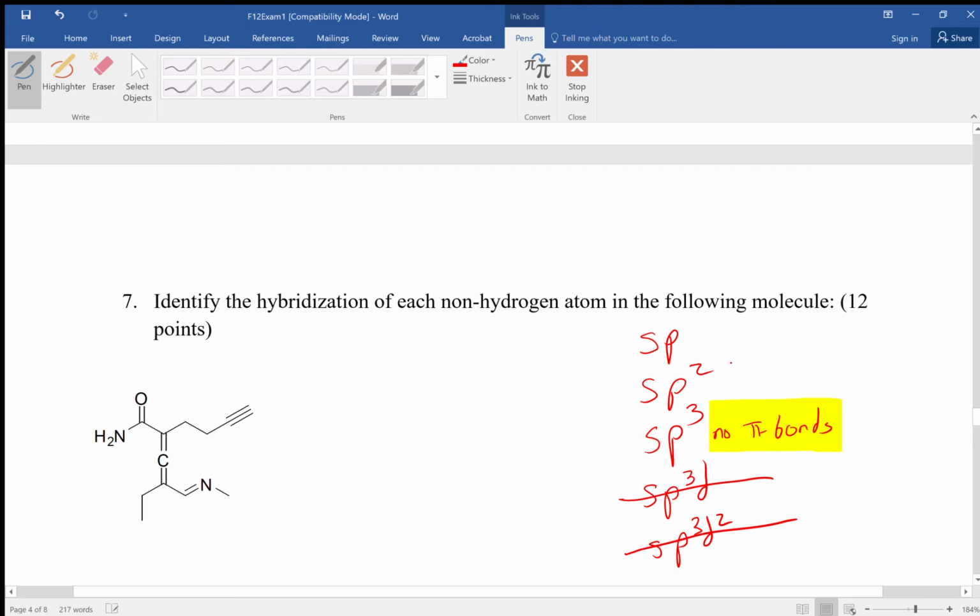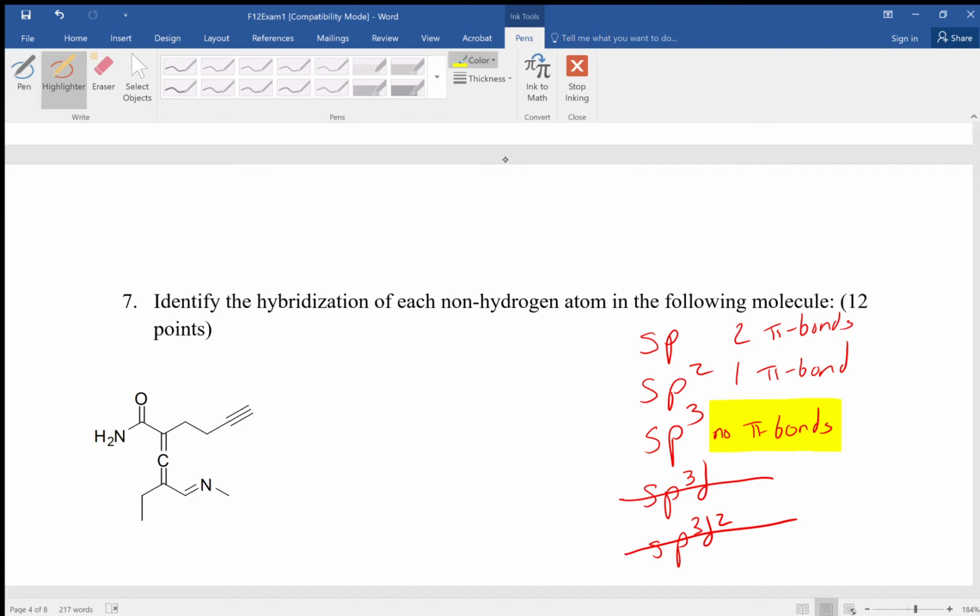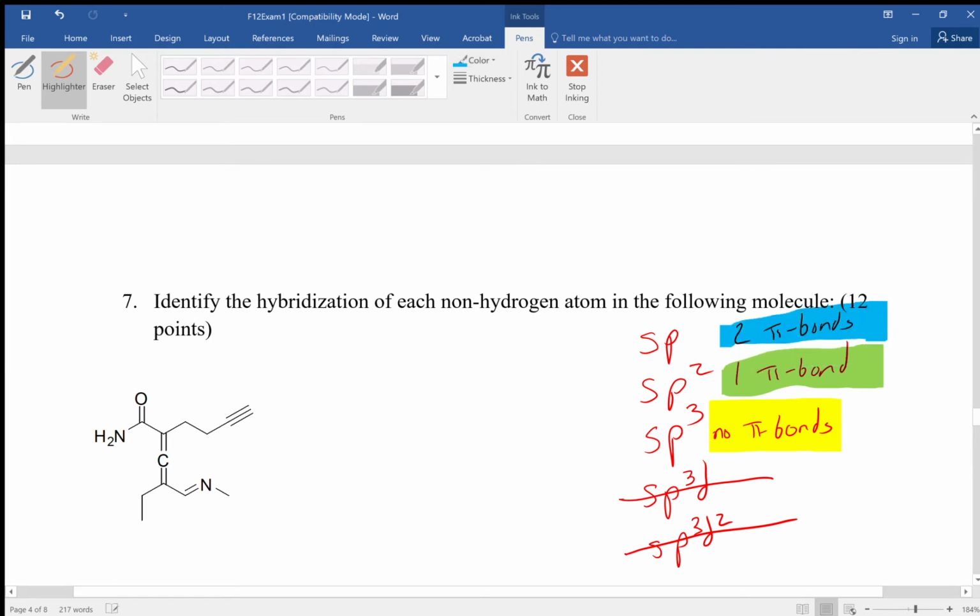We find sp2 with one pi bond, and sp when we have two pi bonds. So we'll designate the sp2 with green, and we'll use this blue color for sp.